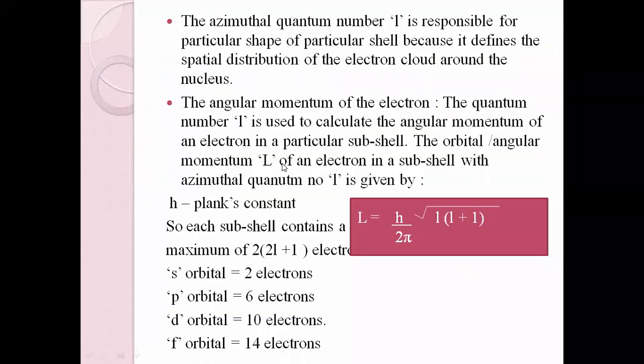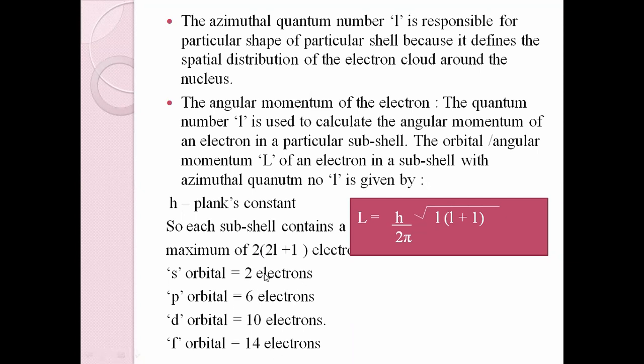Okay, this is how the distribution takes place. Now for the d orbital, l is equal to 2. So substitute the value: 2 into 2 plus 1, 4, 4 plus 1, 5, 5 into 2 is 10 electrons. Similarly, the f orbital consists of 14 electrons.